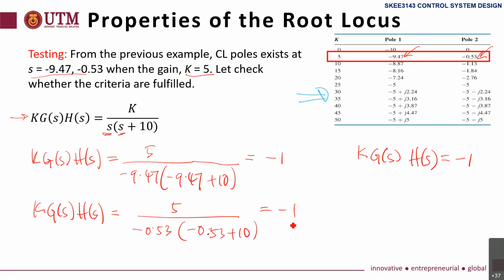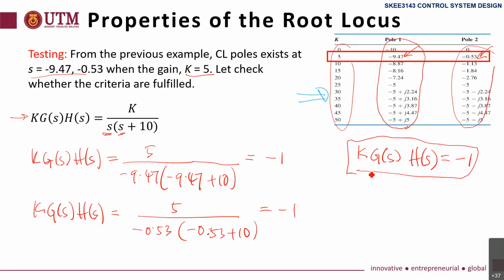In fact, if you substitute all these values of K and the other poles, all give K G(s)H(s) equal to minus 1.